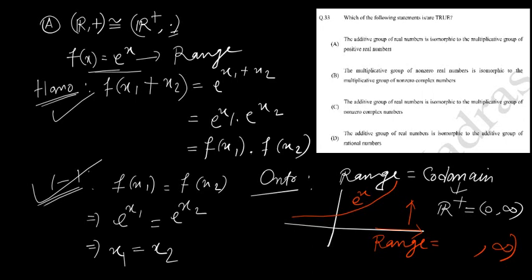And if x tends to minus infinity, then e to the power x tends to 0, so the lower limit of the range is 0. So the range is 0 to infinity and the codomain is 0 to infinity. Both are equal, that means range equals codomain, so f is onto. f is one-one, onto and a homomorphism, so these two groups are isomorphic. So option A is correct. Next.